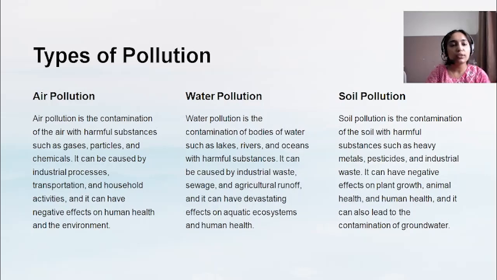All those vehicles lead to air pollution. How? Because these vehicles release harmful gases such as carbon dioxide, which leads to air pollution, and it can have a negative impact on human health as well as on the environment. So I hope air pollution is clear to everyone.